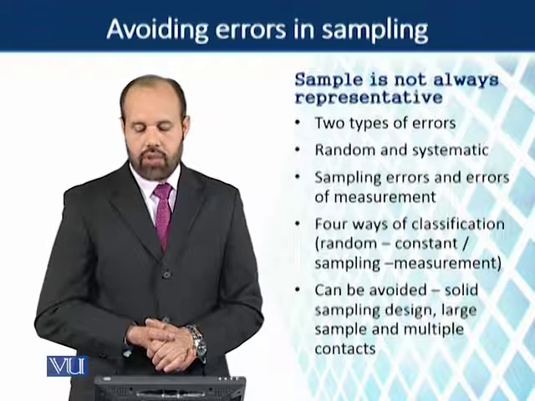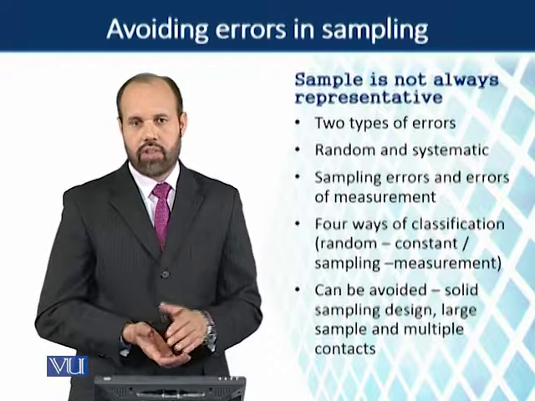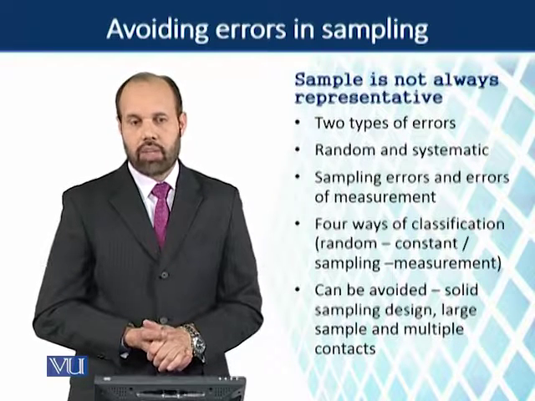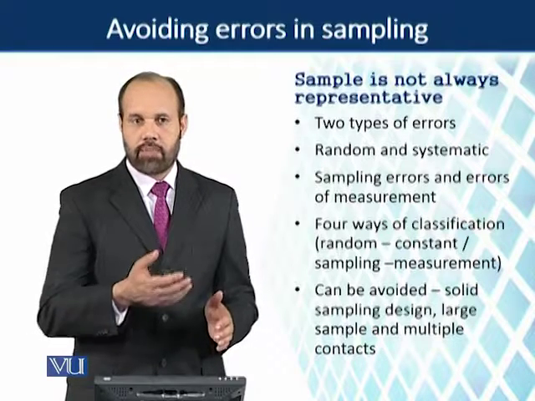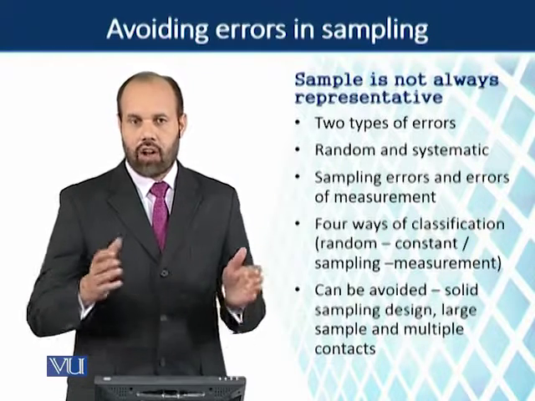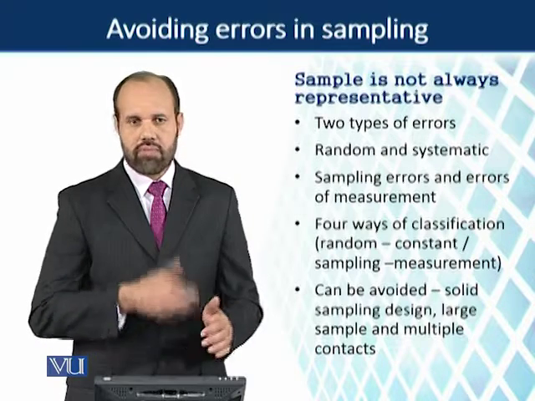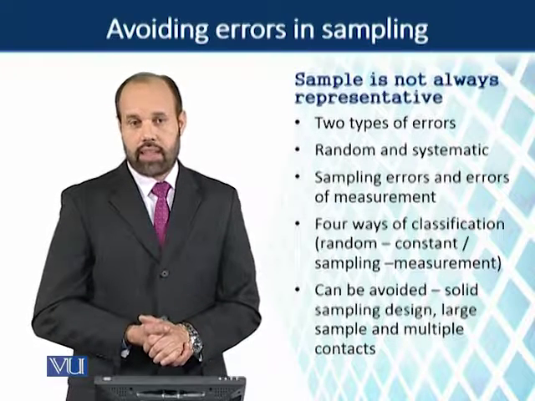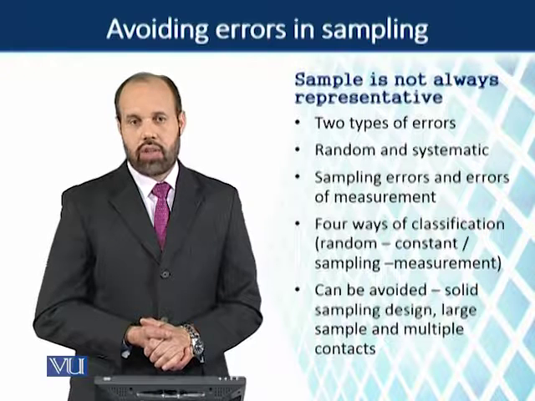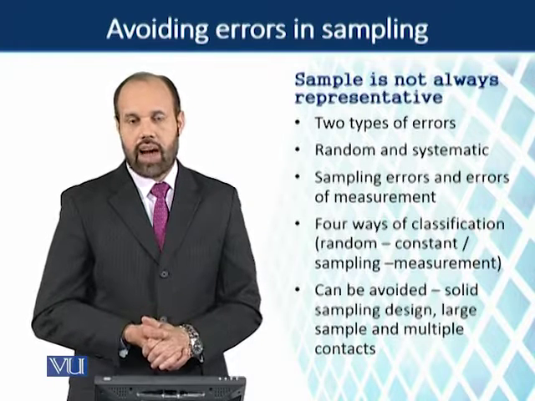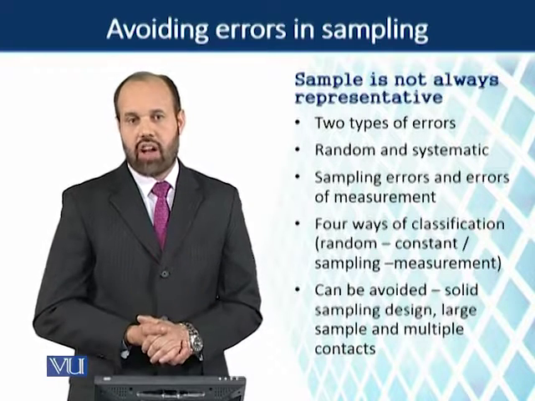And then another possibility is when you are maintaining multiple contacts with your sample, right? So you are not actually collecting data once, but you are maintaining contact so that you are making sure that the samples which are collected are accurate, and they are the best representation of the population.